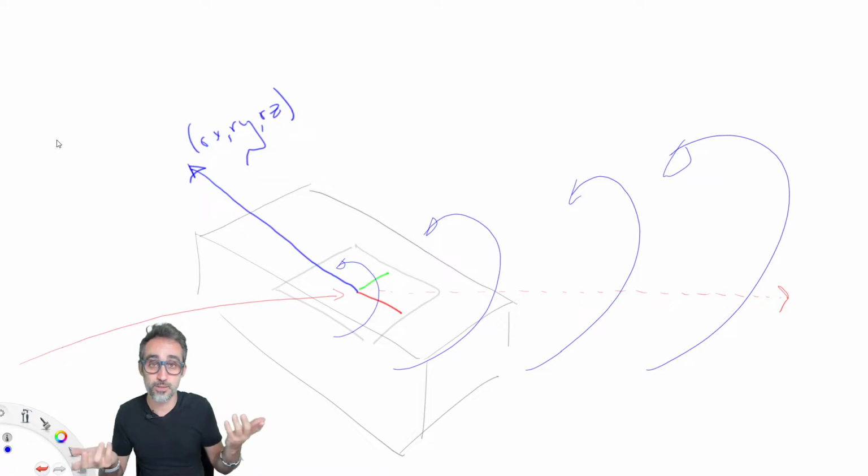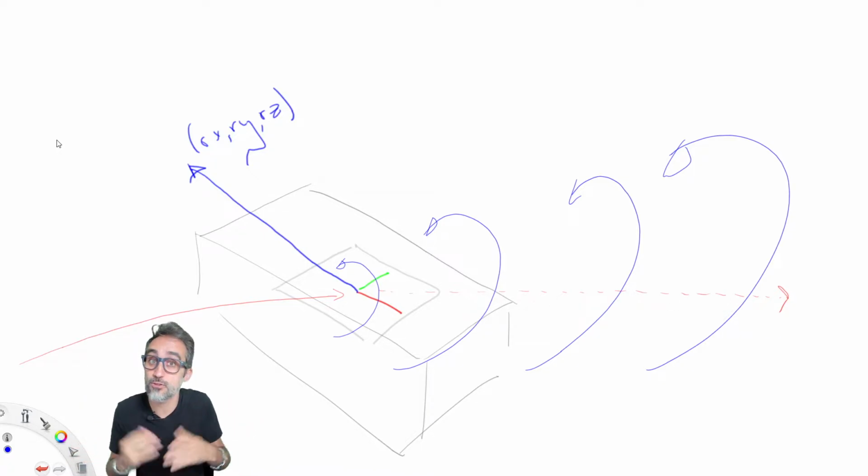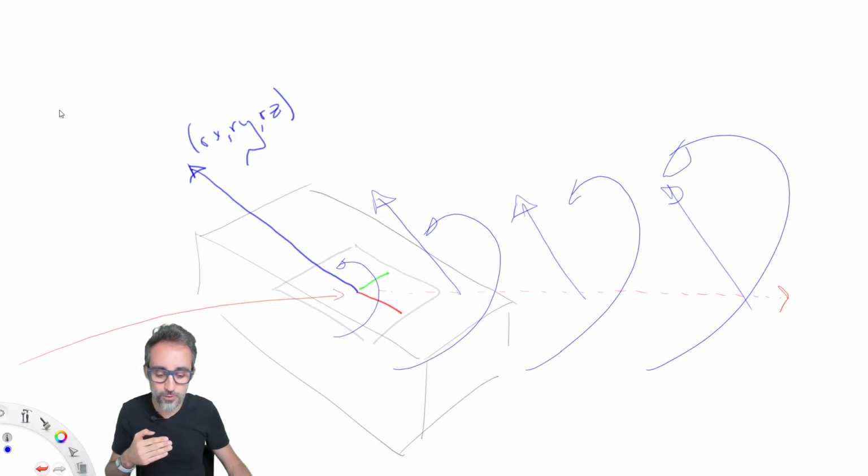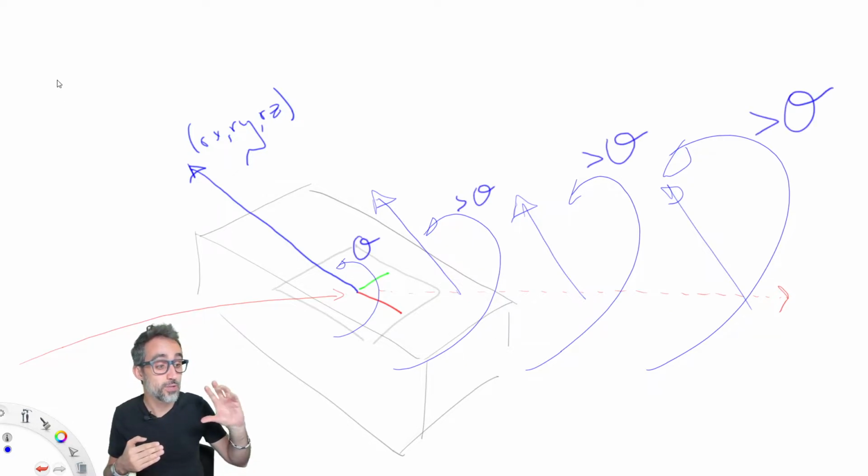So for each one of the planes, we're going to create one random vector that is going to have 3 random coordinates, random x, random y, and random z. And then as we move, we're going to start rotating that plane around that random vector for an increasingly large rotational angle.